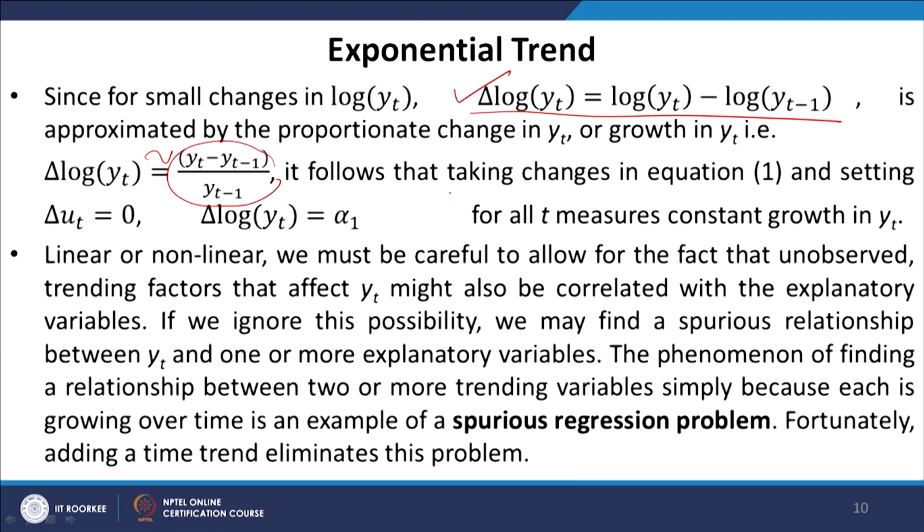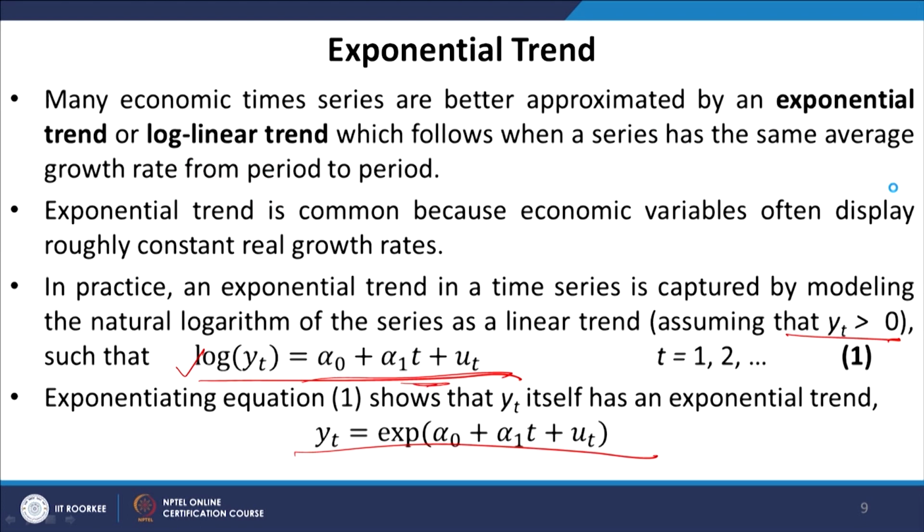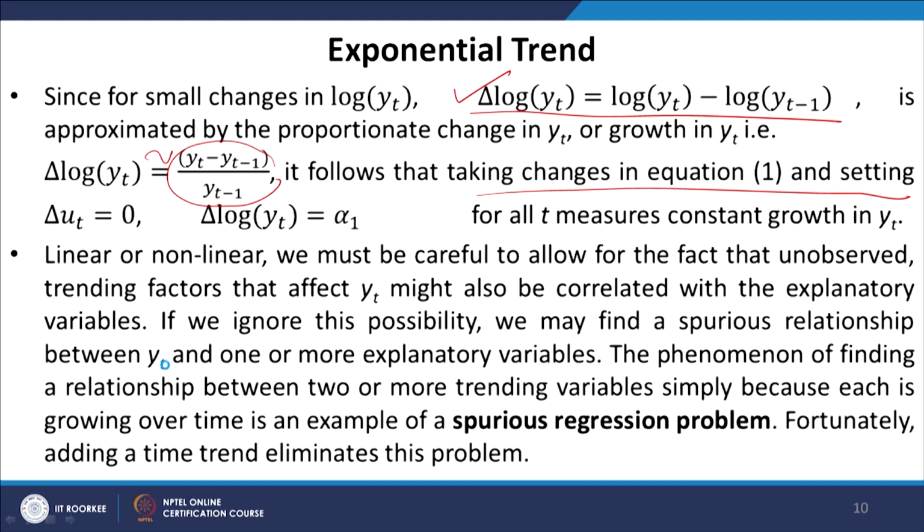Then it follows that, taking changes in equation 1 and setting delta ut equal to 0, this was our equation 1, gives us delta log yt equals alpha 1.